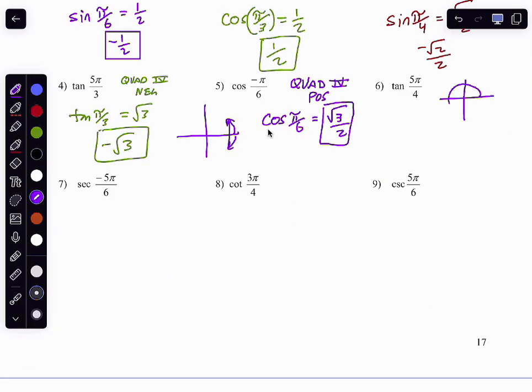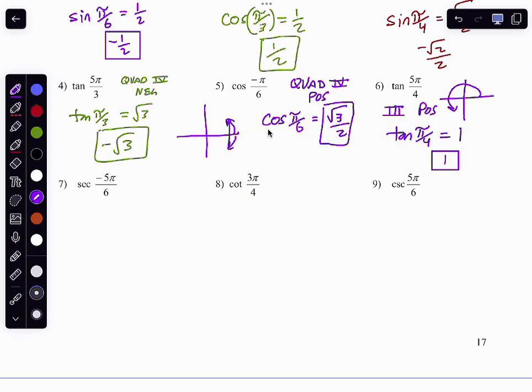5 pi over 4 is in quadrant 3. Is tangent positive or negative in quadrant 3? Positive. And the reference angle is pi over 4. Tangent of pi over 4 is 1. I have that written down up there. That should be the easiest tangent value. If you don't know that automatically, you will eventually.